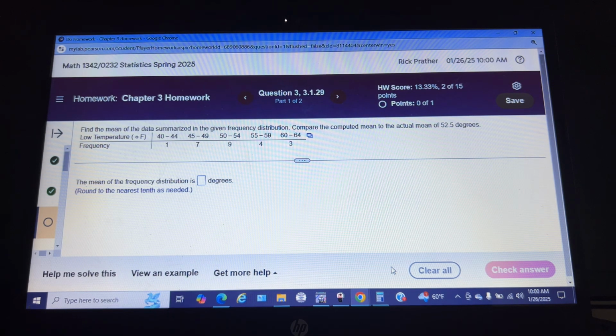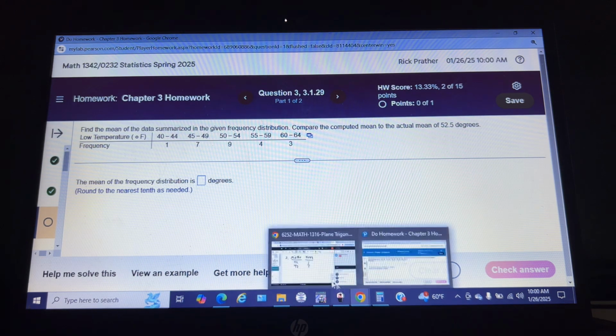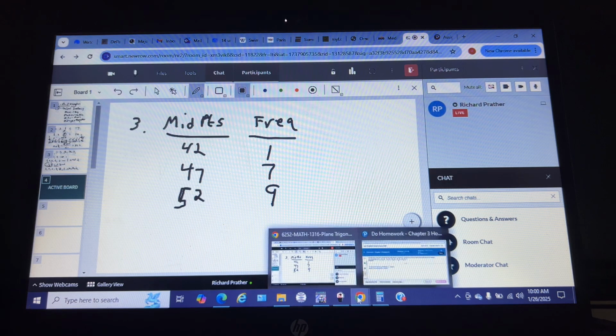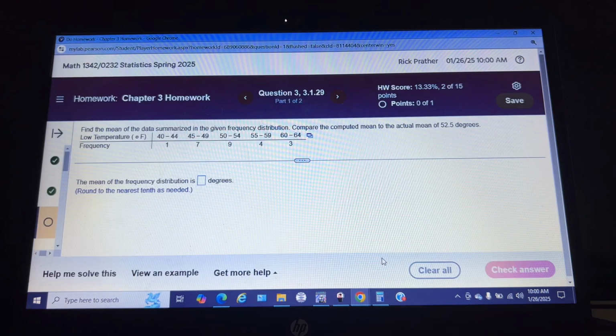So the only fair thing to do is assume they're all right in the middle, because it's probably going to average close to the middle anyway. So we're going to assume all 9 of these are right in the middle, at 52. If we actually had the raw data, it probably wouldn't be exactly this, but it turns out this gets pretty close when this is the best you can do.